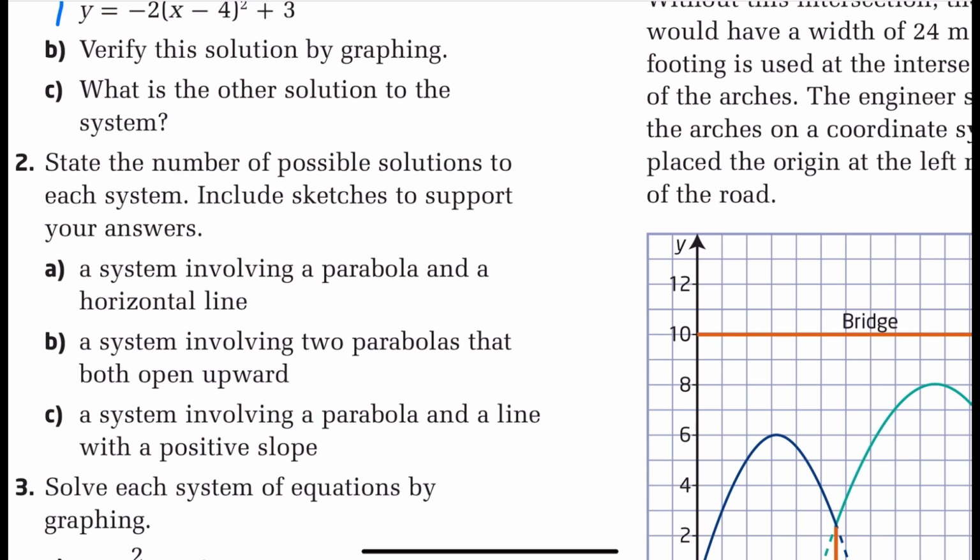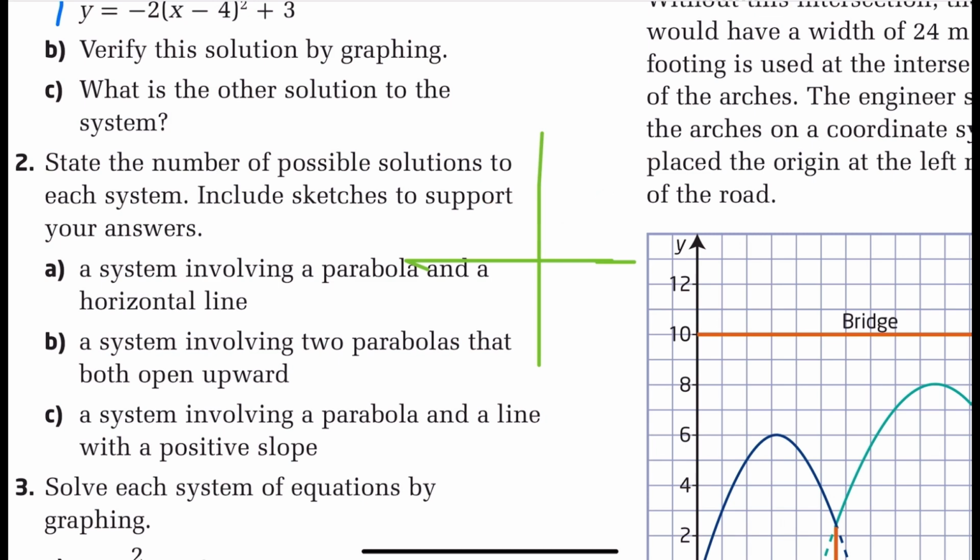In the first example, my first parabola is like this and my second parabola is like this. In this case, there is no solution. They are not touching each other, so there is no solution.